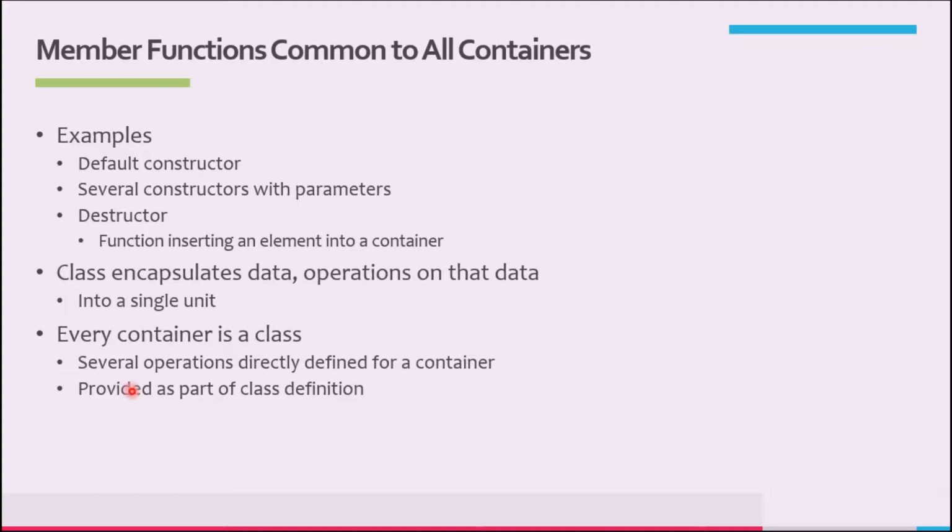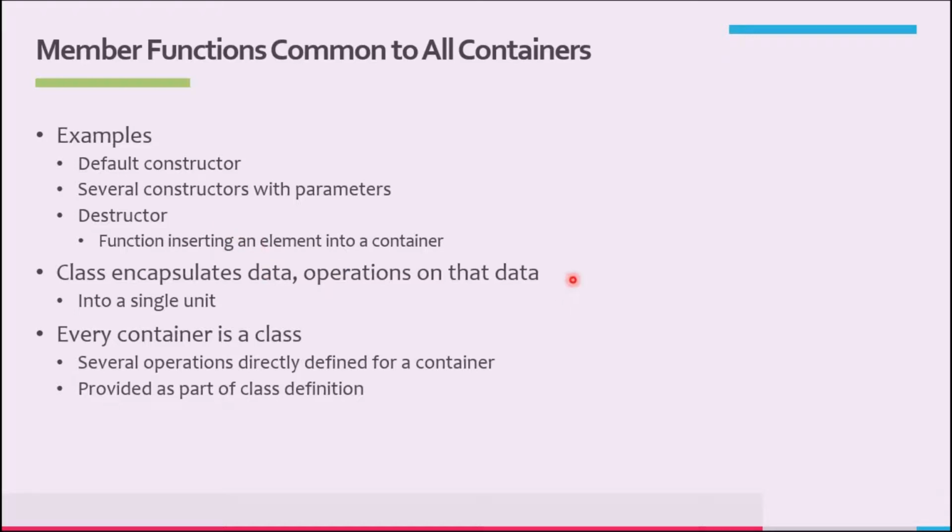Member functions common to all containers. The previous section discussed vector containers. We now look at operations that are common to all the containers. For example, every container class has a default constructor, several constructors with parameters, and a destructor, a function to insert an element into a container, and so on.